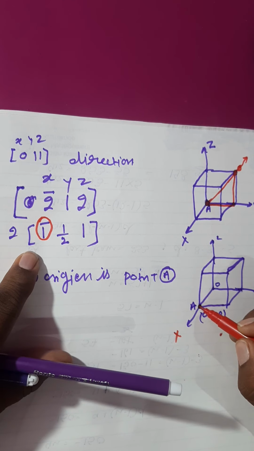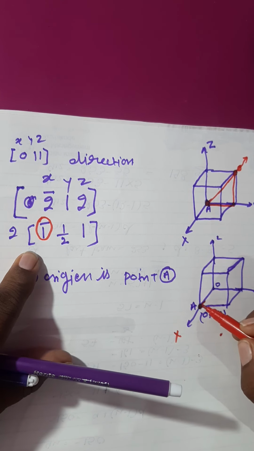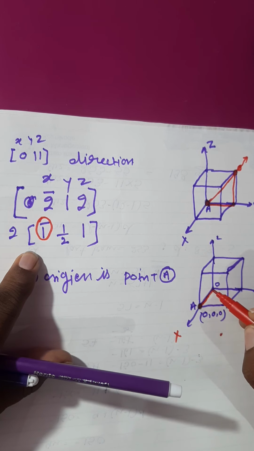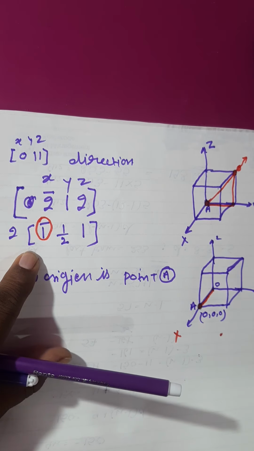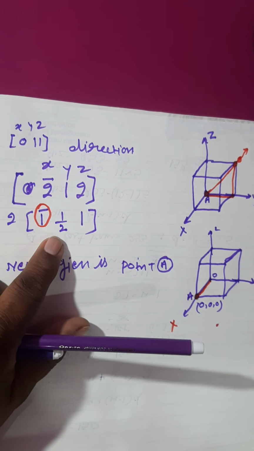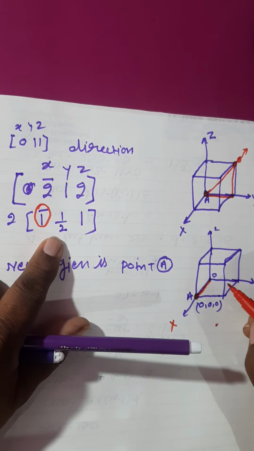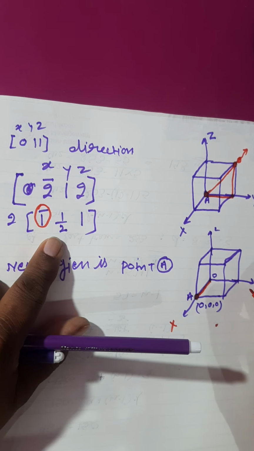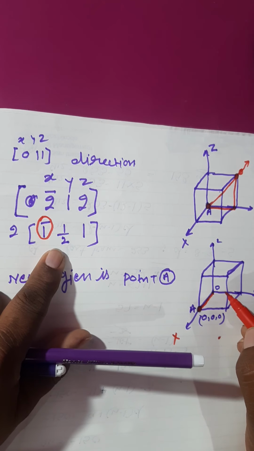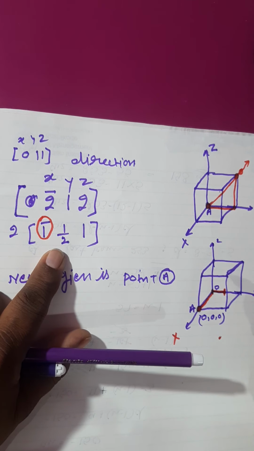We will move opposite the x direction 1 unit, then continue half of the y axis, and 1 unit toward the z axis.